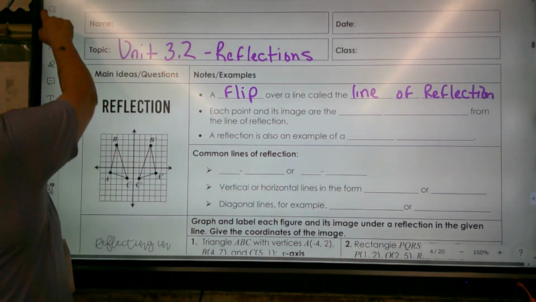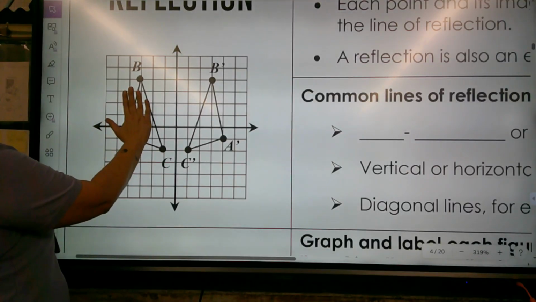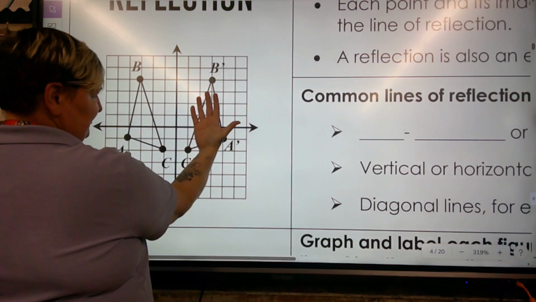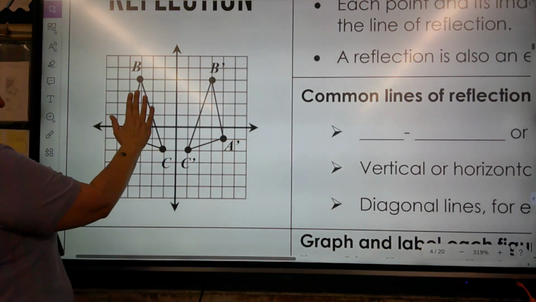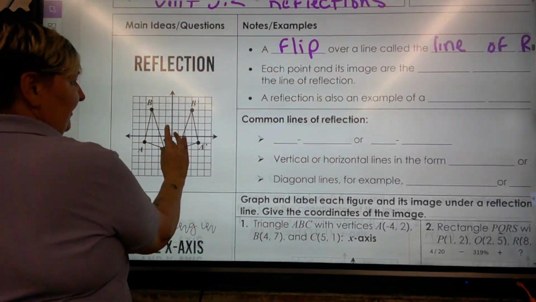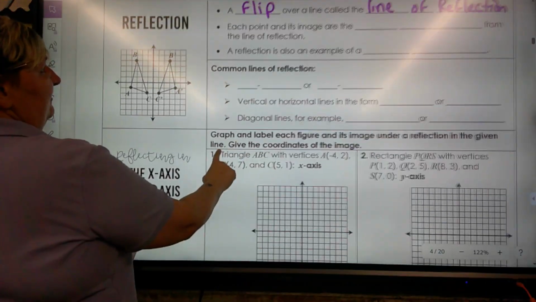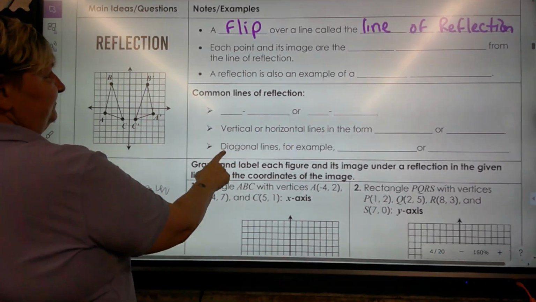Right? You can see right here, we took the shape and we flipped it over the y-axis. Pre-image, image. So that's what we're doing. We're reflecting it over something. Whatever we reflect it over is called the line of reflection.